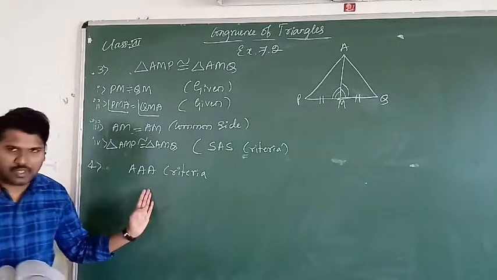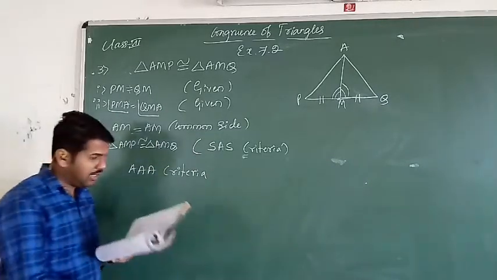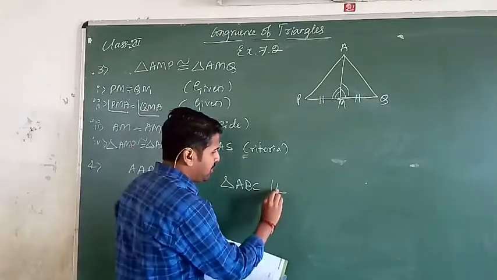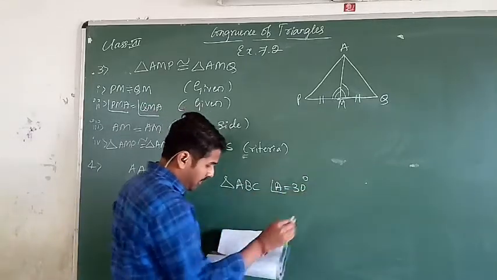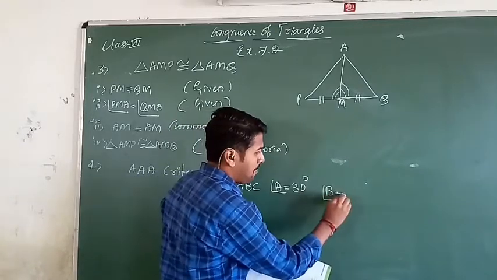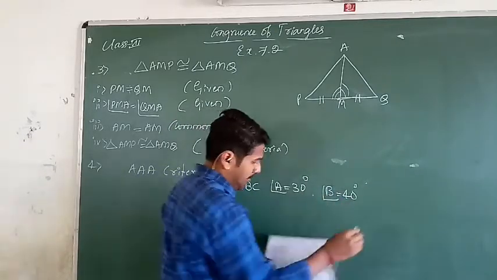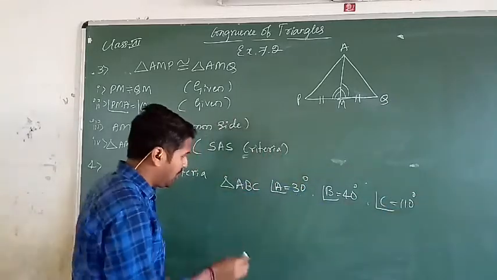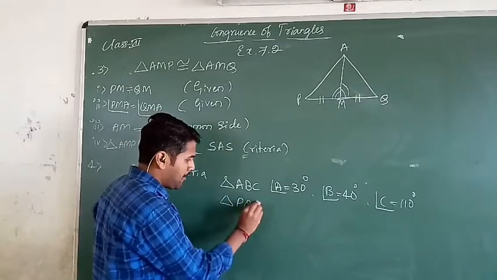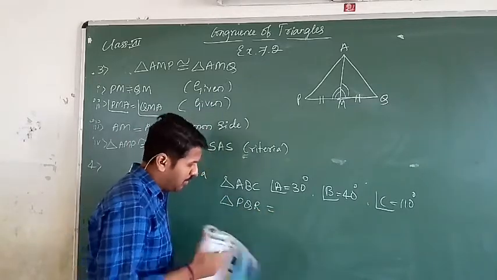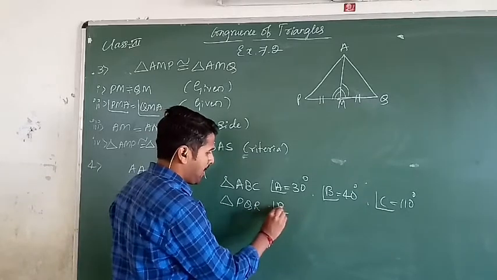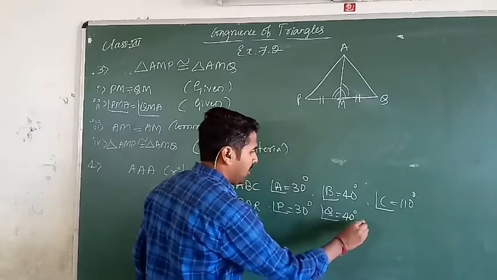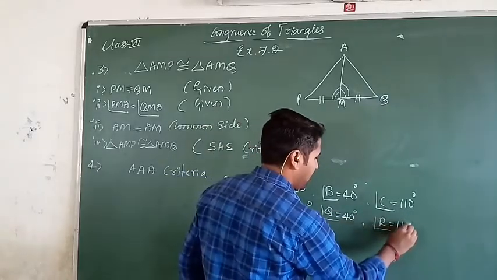Here in this figure they have given a triangle ABC. In triangle ABC, A equals 30, B equals 40, C equals 110. In the other one also, triangle PQR, P is 30, Q is 40, and R is 110.